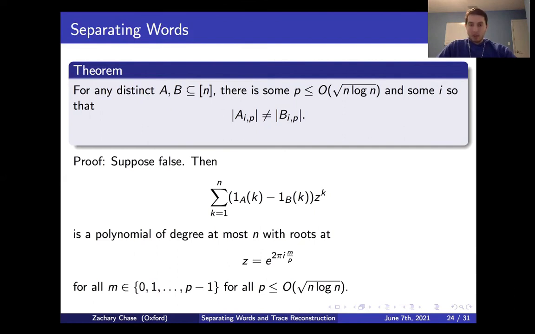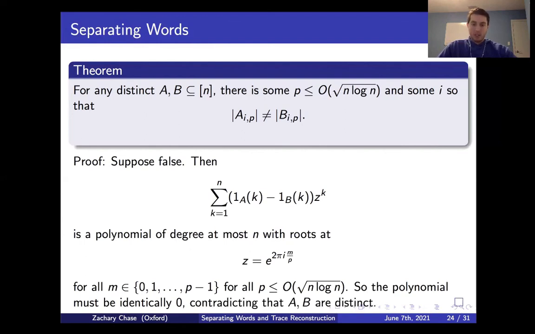The reason this is true is that if z is a pth root of unity, then you can split up the sum based on the congruence of k mod p, and you can work out the details. But the point is, we have this polynomial of degree at most n, and it has all these roots. And that means the polynomial must be identically 0, because the number of such m and p is greater than n. So this contradicts that A and B are distinct.